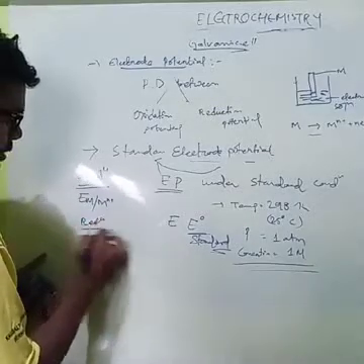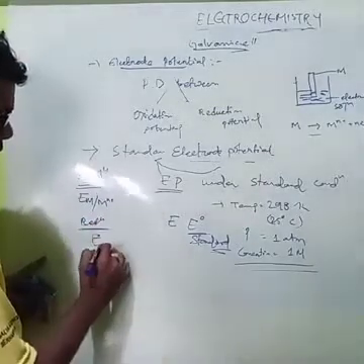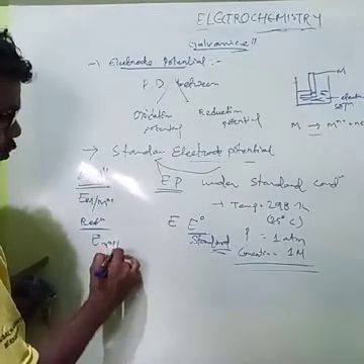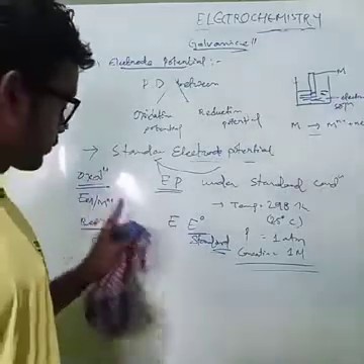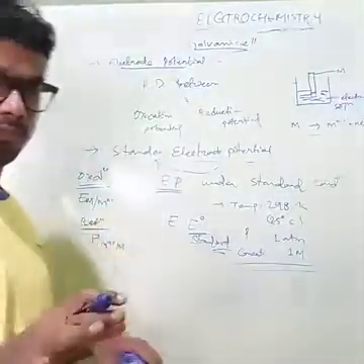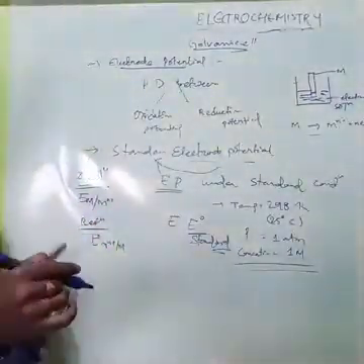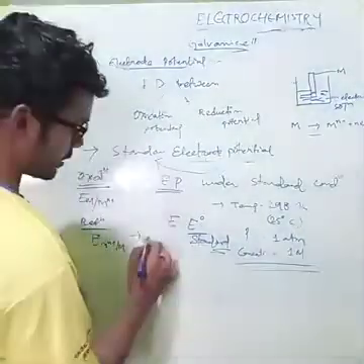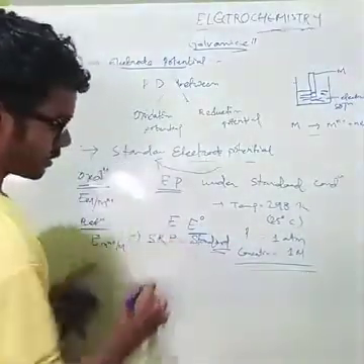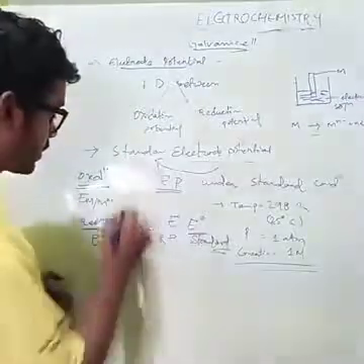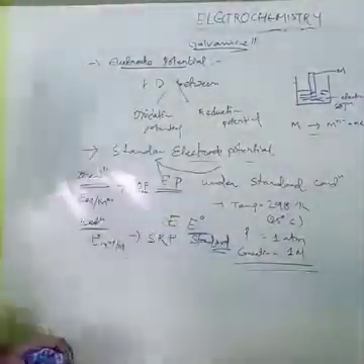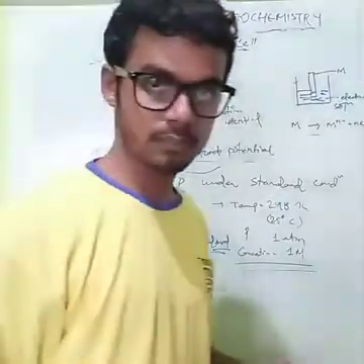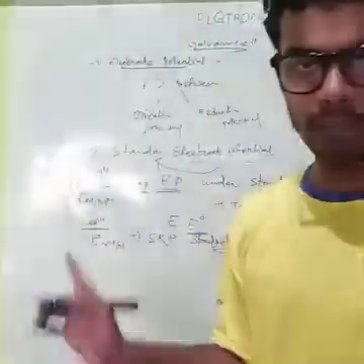Reduction potential is E of M^n+ to M. Am I clear? This is known as SRP, standard reduction potential. This is SOP, standard oxidation potential. Is it clear?